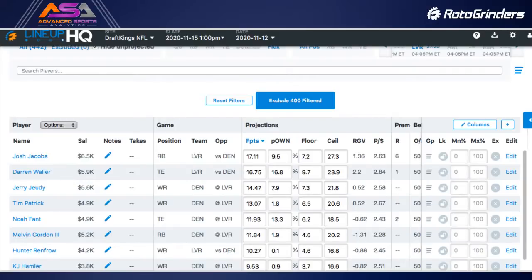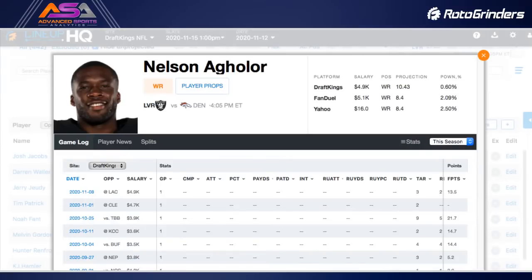Yeah, Aguilar would be the guy I'd be in favor of. So far this year he has had good correlation with both Carr and Waller. There have been ways at least so far this year that Waller and Aguilar both get there. He's got a pretty solid 0.38 correlation with Carr.